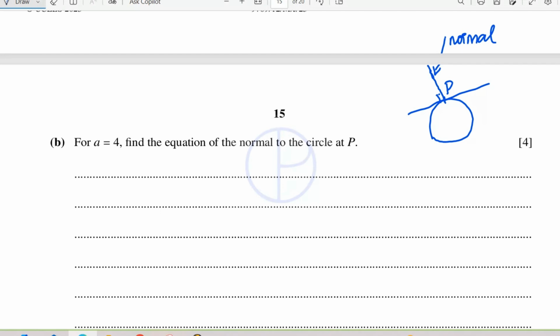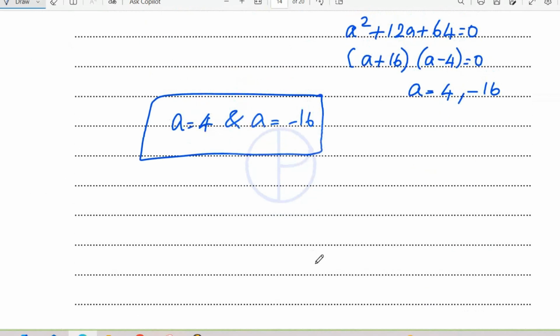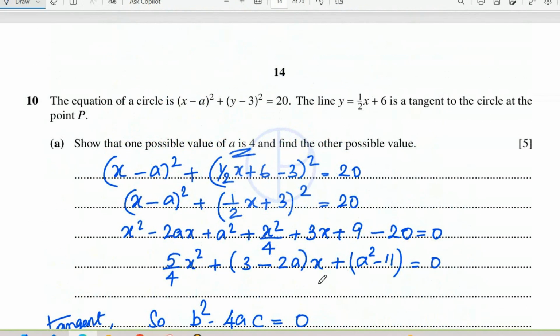To find the gradient of the normal, let's first find out the gradient of the tangent at the point P. For that, first we need to find the coordinates of the point P. To find the coordinates of the point P, we need to equate the circle equation and substitute the line equation in that. So finally we get this one.